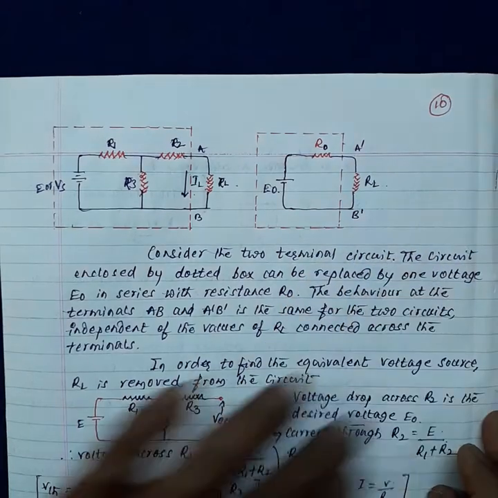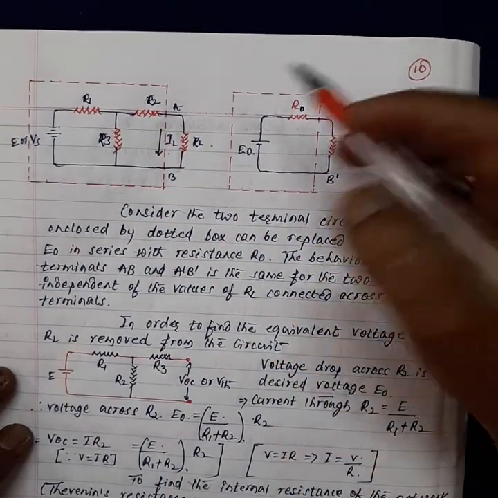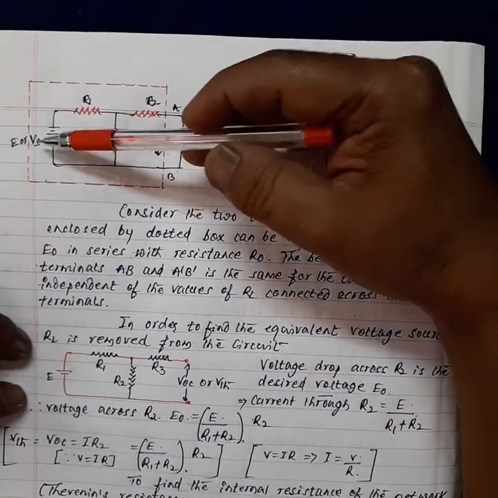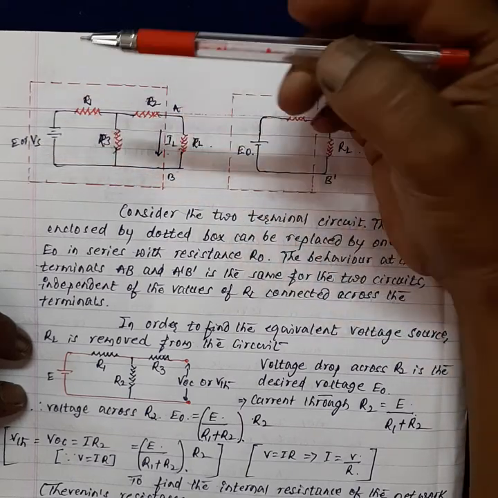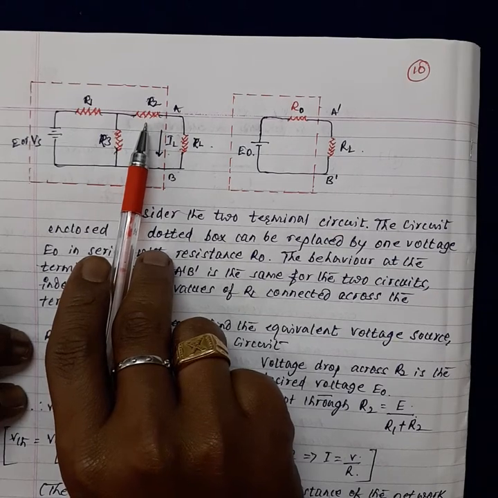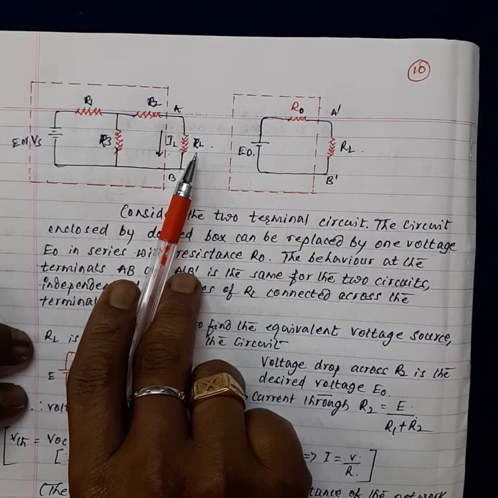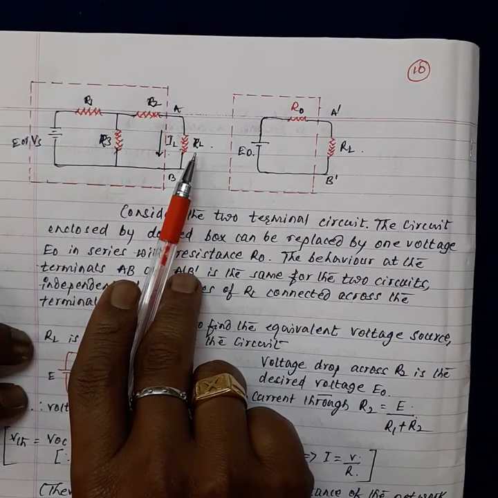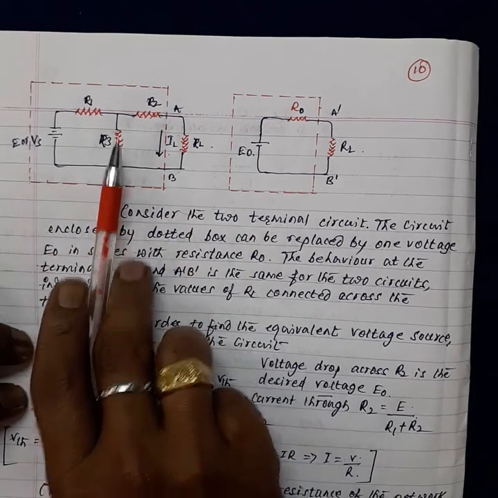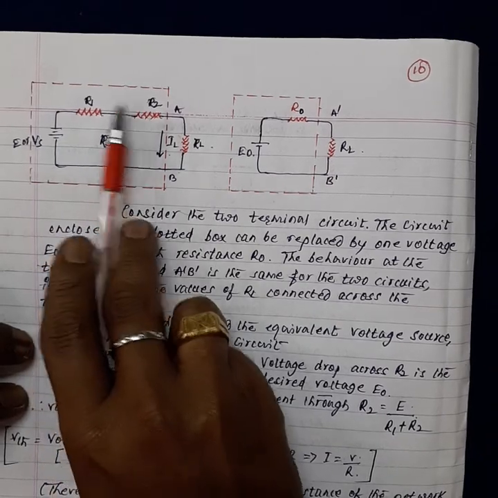Here you can see, suppose we have a source, say V of S, which is connected to a number of resistances in the circuit, which is connected to the load, say R of L. The number of resistances can be replaced by an equivalent resistance of the circuit.